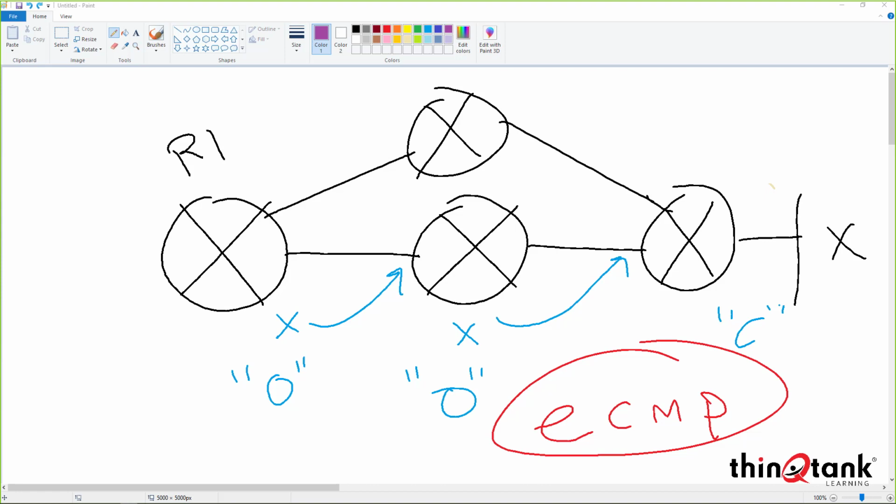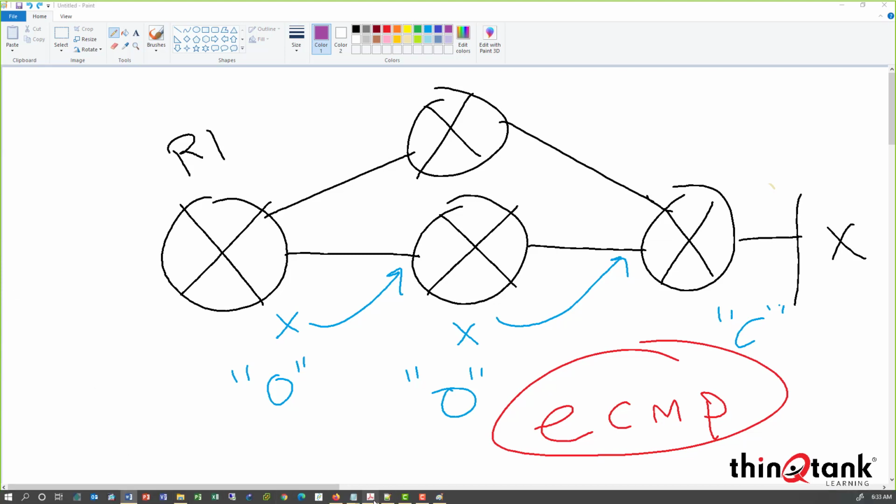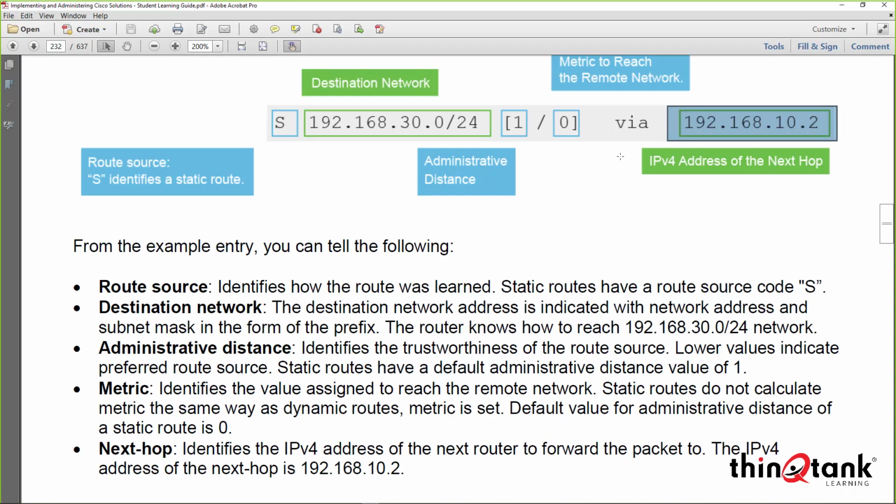So administrative distance is something that we haven't talked about yet, and we will, I promise. It's in this section here. But so far it hasn't come into play because we don't have multiple information sources. But certainly when we're looking at the static route, we're talking about next hop and the destination prefix.